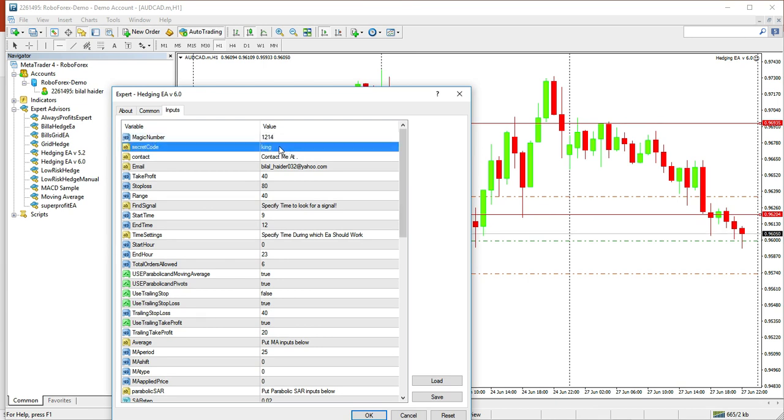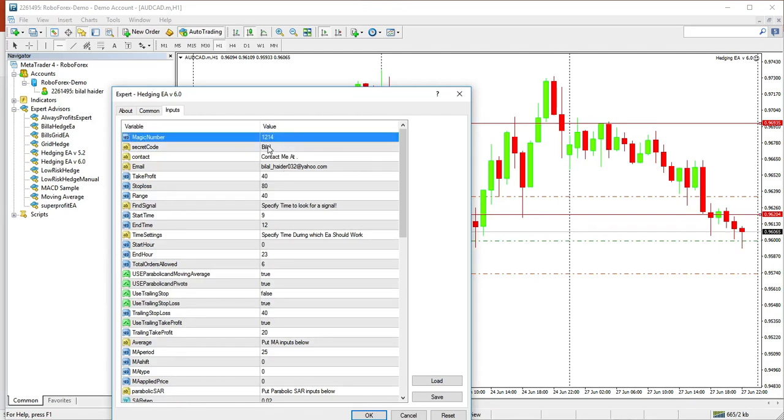And also you have to use a different secret code here. You can use something like dog, cat, fan, or even Bilal. Anyway, you have to give both of these variables different values, not the same values as you used in your previous chart.